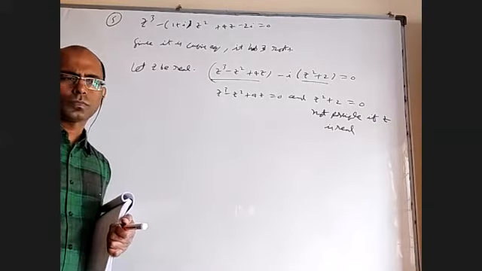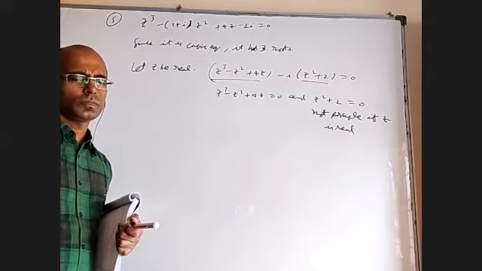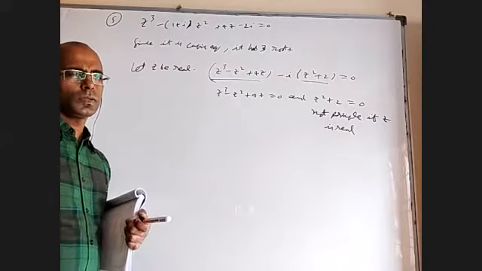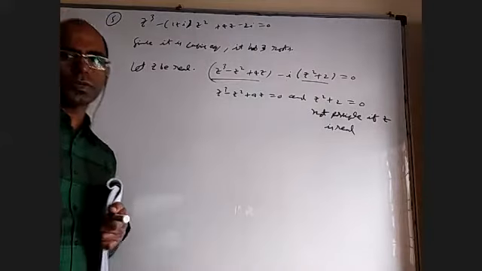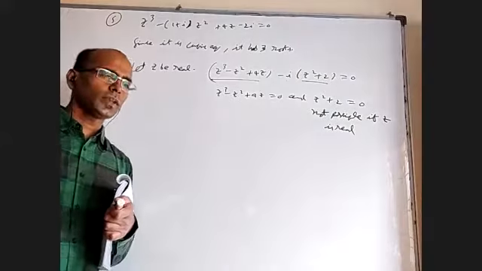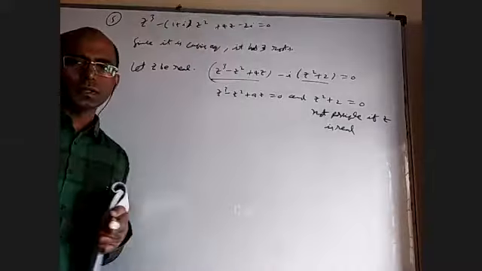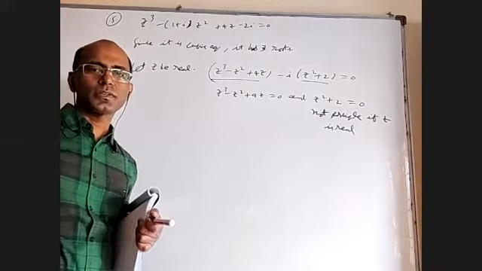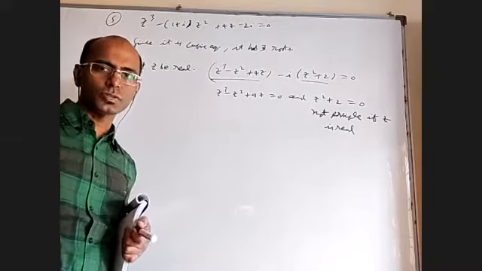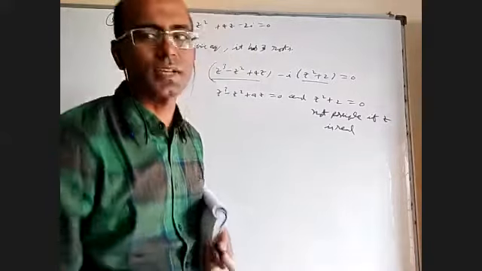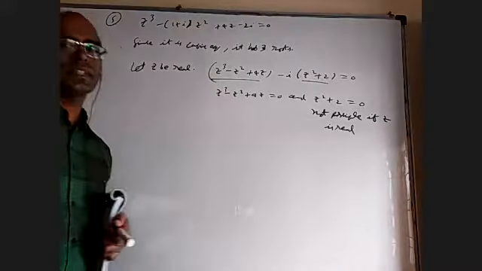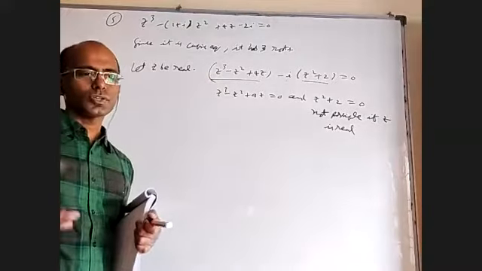Constant term, if it is less than 0, then it is... product of roots is less than 0. No, this is a cubic equation, so we cannot say that, because when coefficients are complex numbers, the roots don't have to exist in conjugate pairs. You cannot say when 7 plus 5i is a root, 7 minus 5i is also a root. That is only when coefficients are real numbers. You cannot say when 3i is a root, minus 3i should be a root and the product should be plus 3 square.